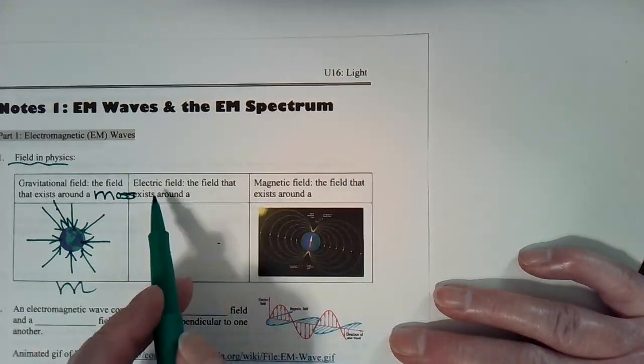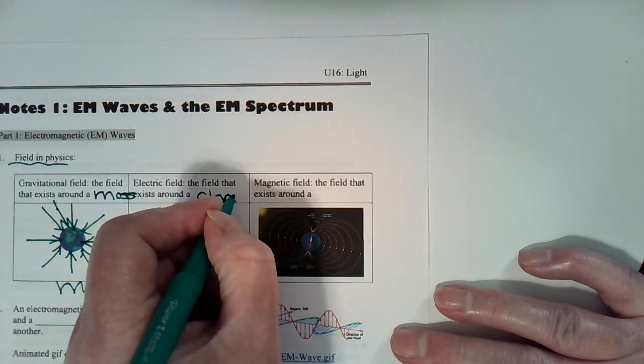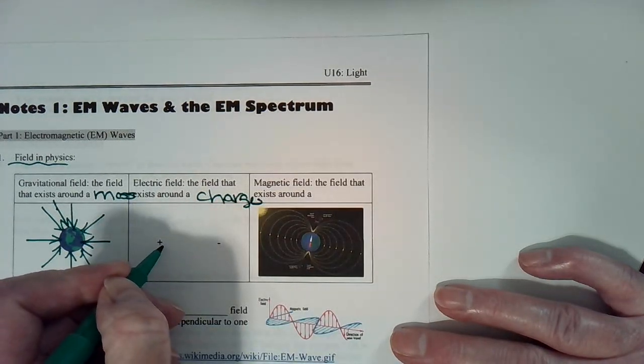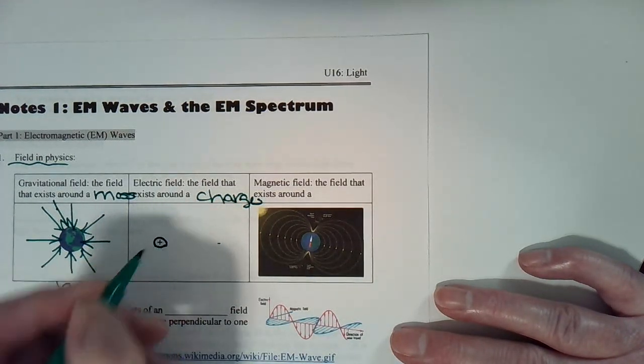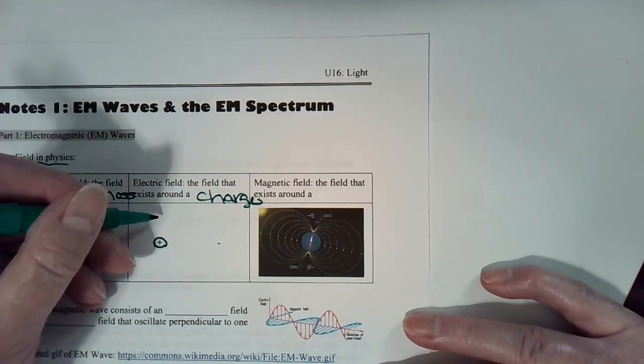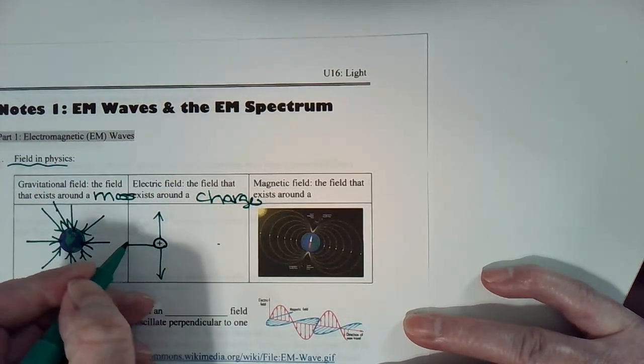Electric fields exist around charged particles, or around charges. So for example, let's say we had a positive charge. I'll put a little circle around it here. What does an electric field look like around a positive charge? Well, it ends up looking something like this, and the arrows go out.